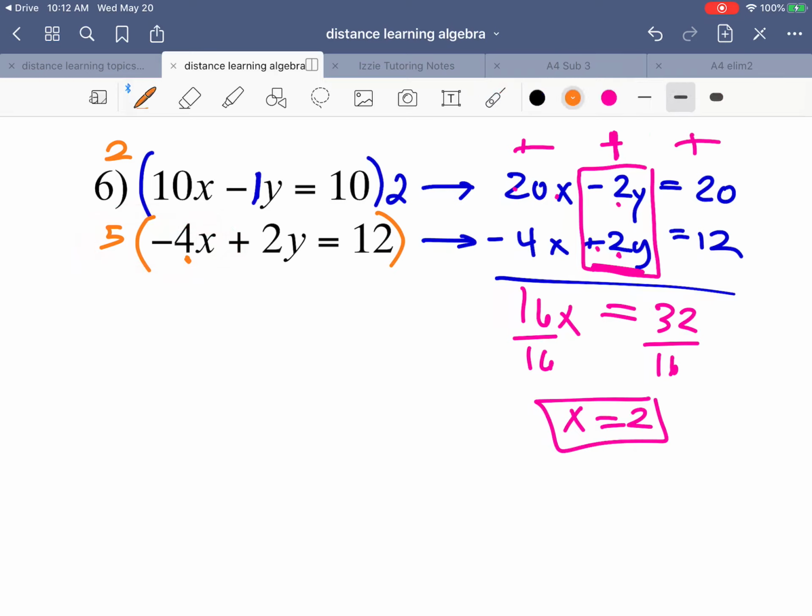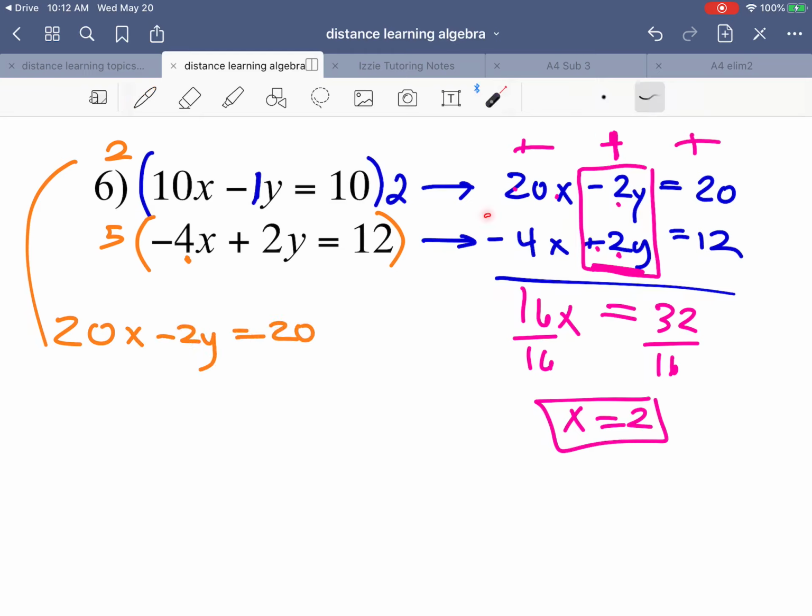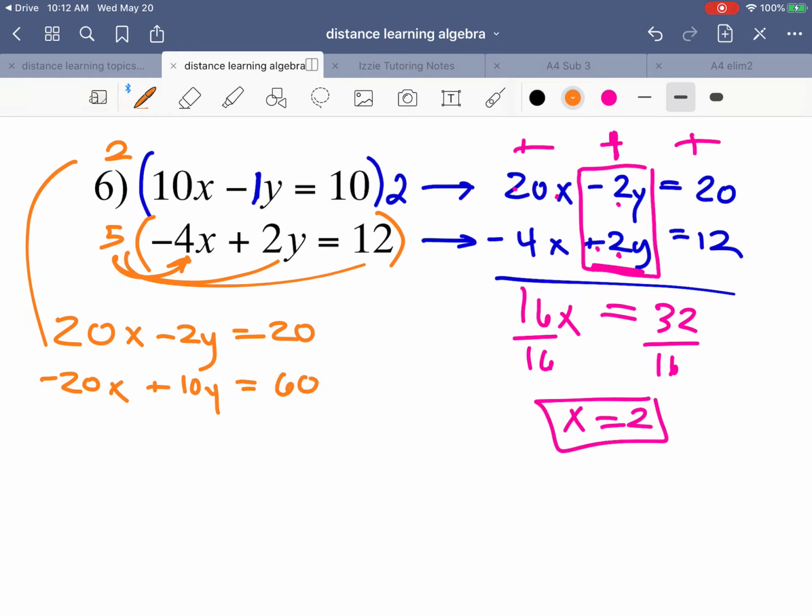So they would be the same. So let's do 2 times the top, which is the same as the equation that we used right here, and let's do 5 times the bottom, again distributing it to all 3 pieces.